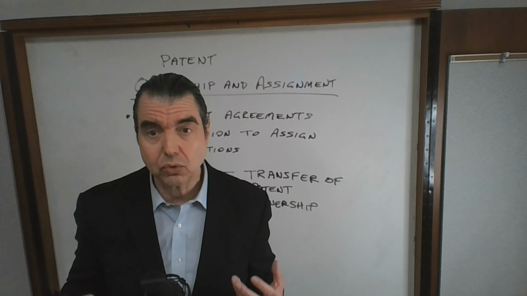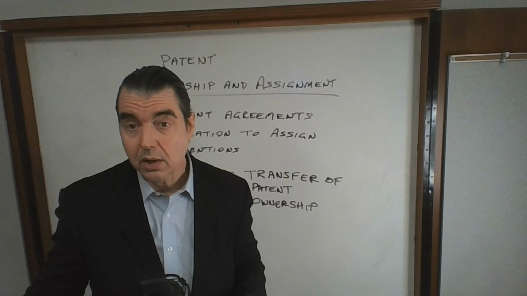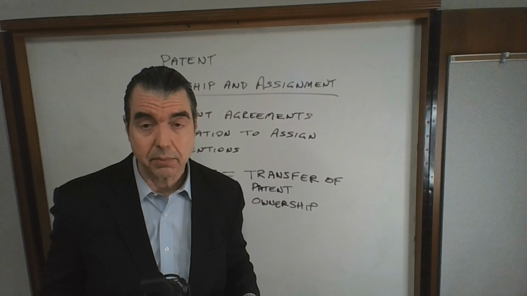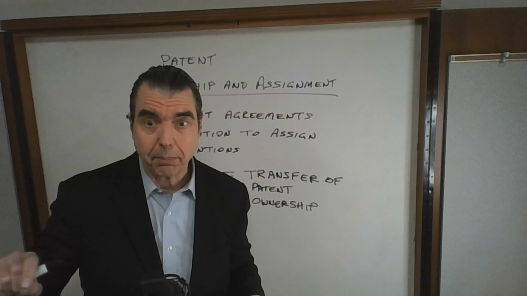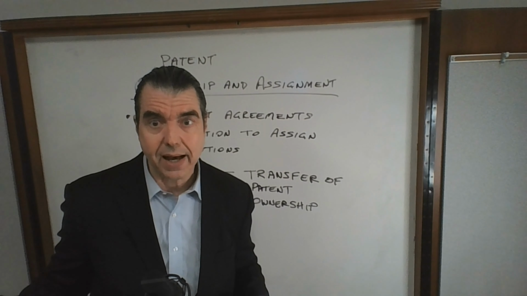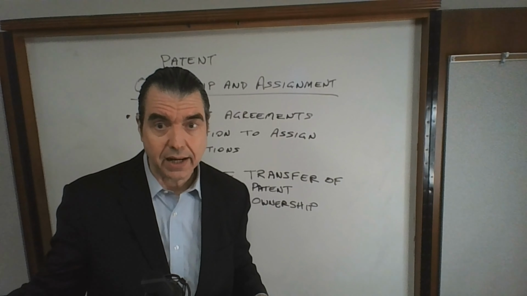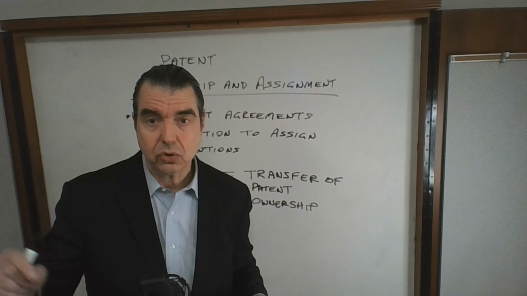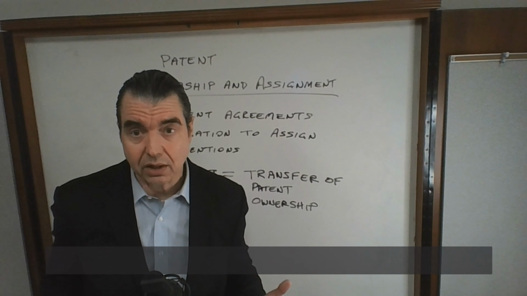If you create an invention on the job and you have this type of employment agreement that requires you to assign, your employer is going to ask you to execute an assignment document that says that patent application number, whatever that application number is, you're assigning it to the corporation, and basically you're transferring all of your ownership rights to the corporation. Now, you're still an inventor.